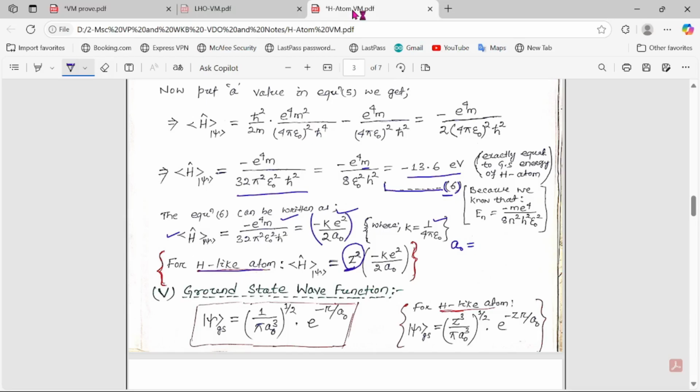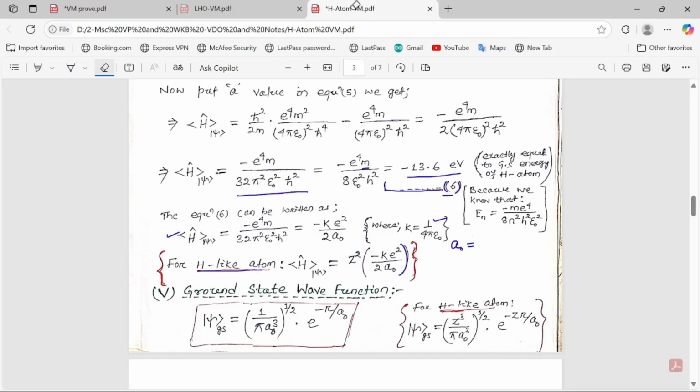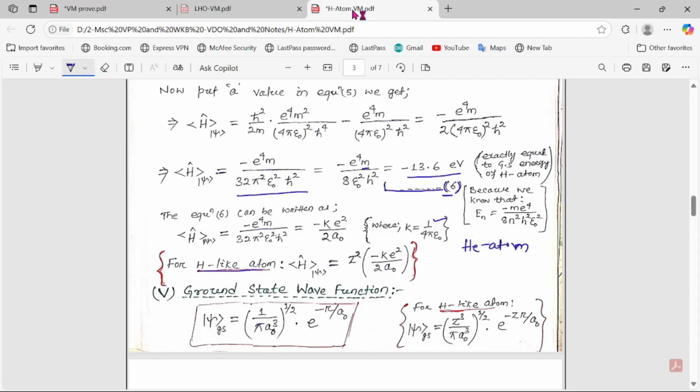Same value, only z square is multiplied whenever we consider a hydrogen like atom. So when we discuss the helium atom in our forthcoming classes, trying to find the ground state energy of the helium atom, at that time we are going to use this expression. Keep it in your mind.